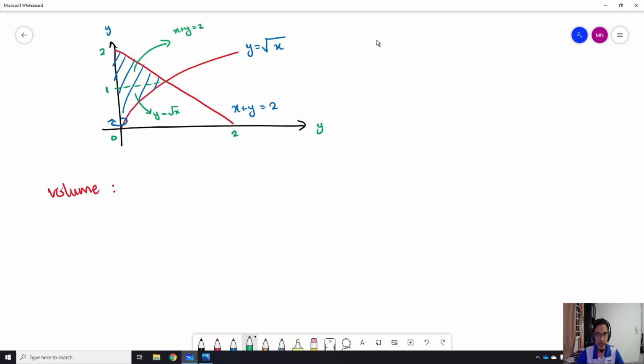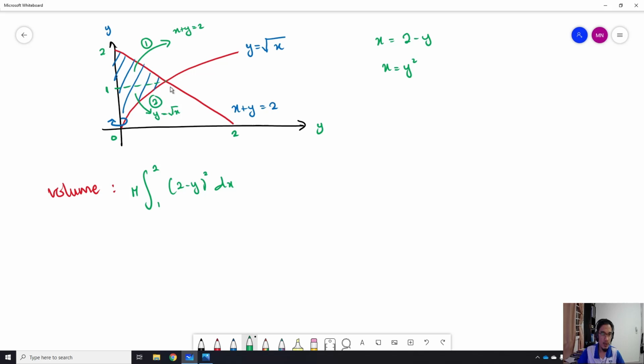Our equations become x equals 2 minus y, and x equals y squared. So our volume for x equals 2 minus y is between 2 and 1, 2 minus y squared, because we want to find the volume generated, and place a pi in front of the integration. So that is for part number 1.